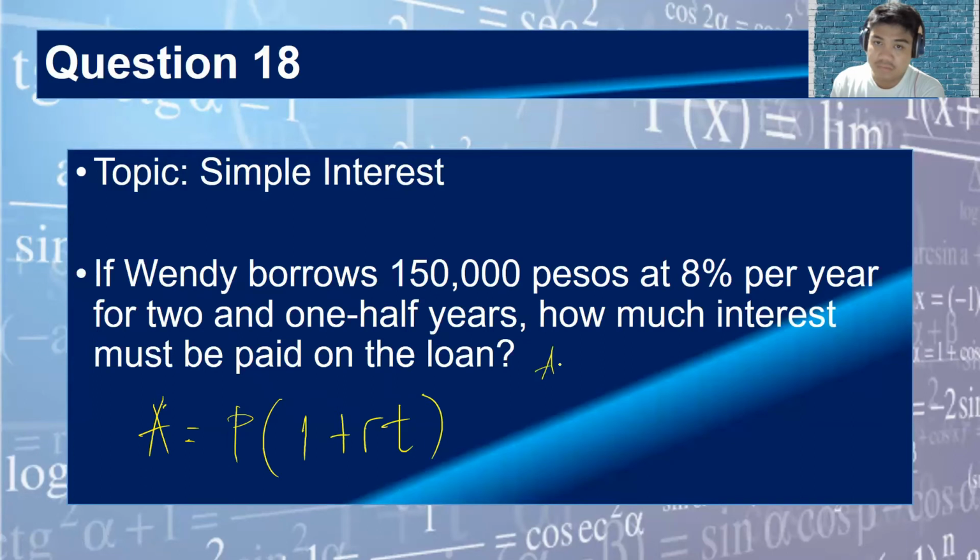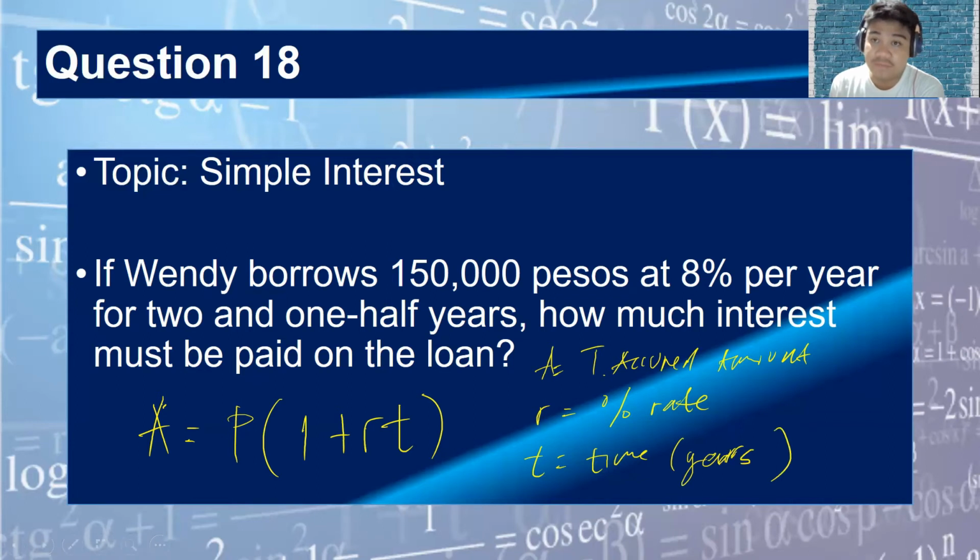Remember, we have a total accrued amount, R is the percent rate, and T is time in years. Okay, let us apply that formula to our problem.